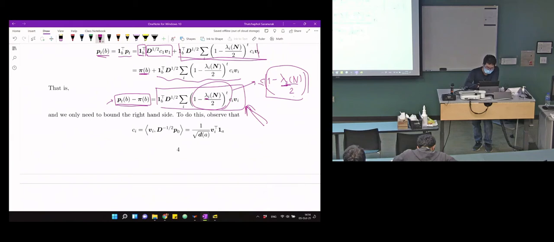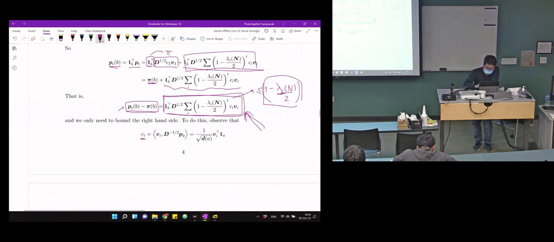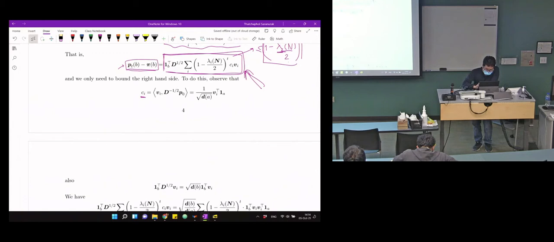So, okay, we can write C_i. I'm just going to analyze this thing, all right? C_i is just B_i times this thing, but P^0 is just 1_A, right? So 1_A times this times v_i is just this thing.